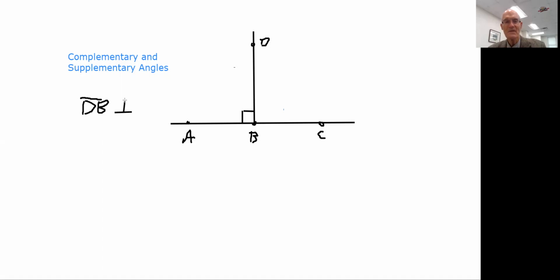So this is perpendicular. When you see that, we say that DB is perpendicular to AC. That means that the measure of angle ABD is equal to 90 degrees.